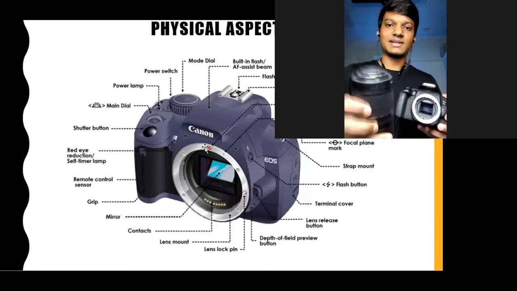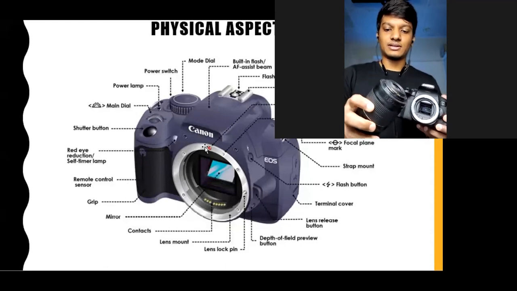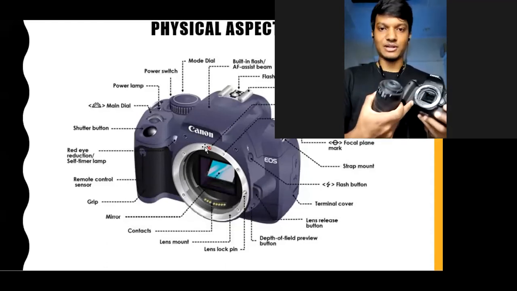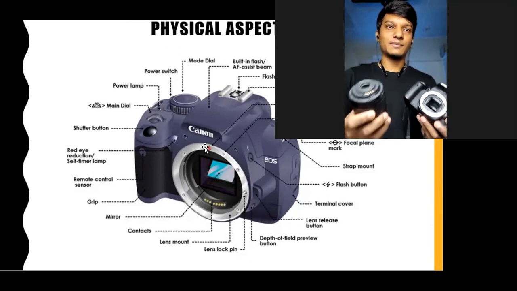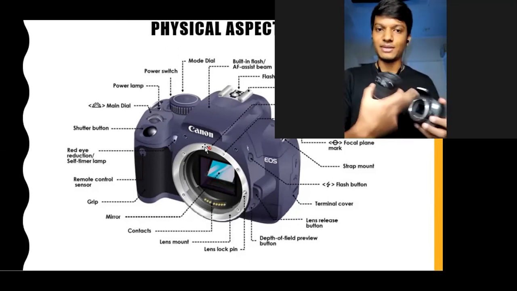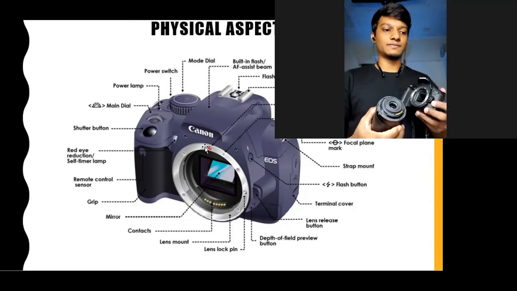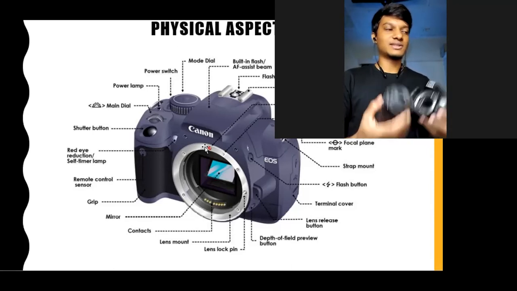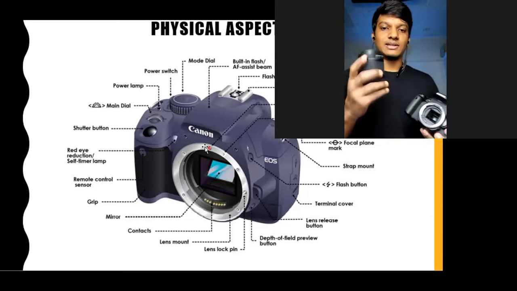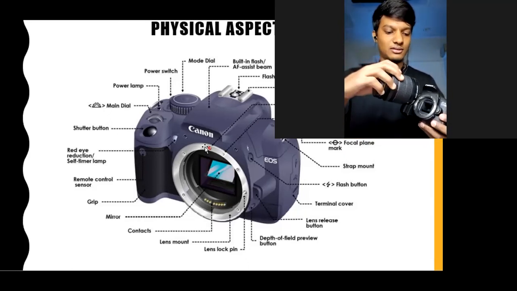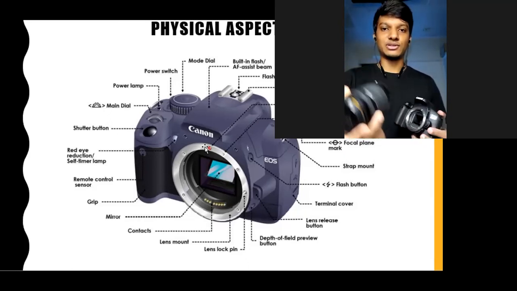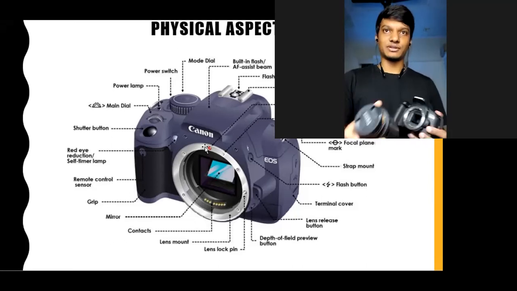So this lens that I have here is compatible with this camera, and it will be compatible with other cameras that have the same mount. But if I have a friend who uses a different company's camera, let's say he uses a Sony camera, this lens would not mount on his camera and he would not be able to use it without an adapter.